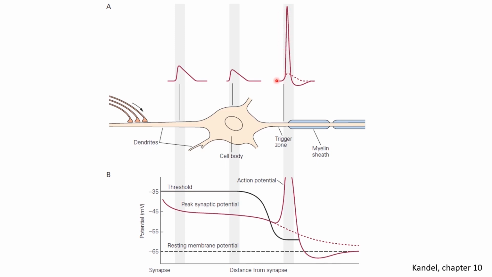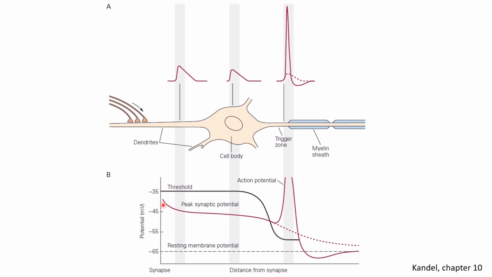And the reason that a smaller depolarization can generate an action potential here, but a larger one cannot generate here, is because the thresholds are different at these different regions within the neuron. So the threshold depends on the density of the voltage gated sodium channels, and that density is pretty low in the dendrites, so the threshold in the dendrites tends to be high, and then as we get closer to the axon hillock, the threshold drops suddenly.